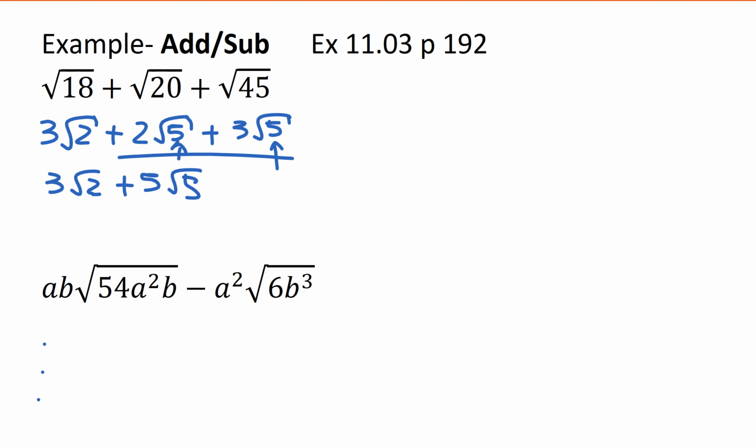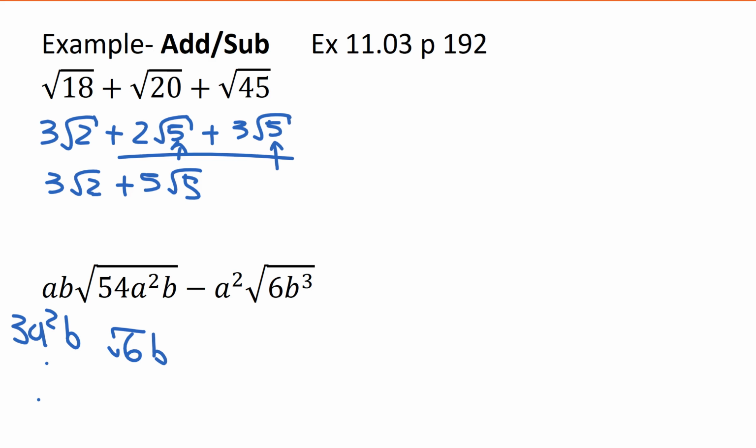The a is going to be out the front, so it's going to be a squared b. Let's write that down as 3a squared b root 6. Wouldn't it just be 3a root 6b?